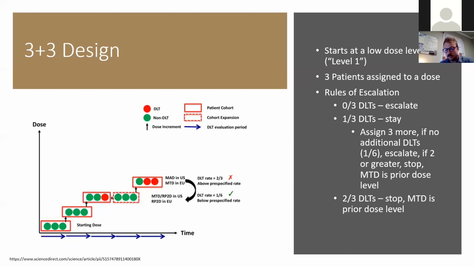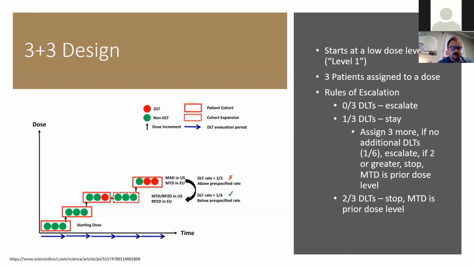So typically the rules of escalation for a 3+3 design follow these principles. If there's no DLTs, so 0 of 3 for the patients, we're going to escalate to the next dosing level. If there's a DLT amongst those 3 patients, we're going to stay at that dosing level and have an expansion cohort where we assign 3 more patients to that dosing level.